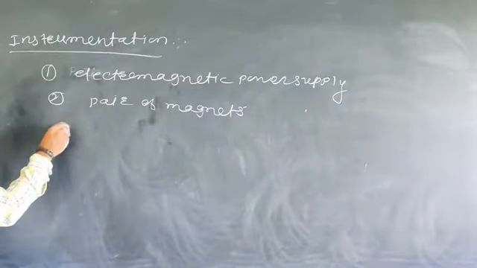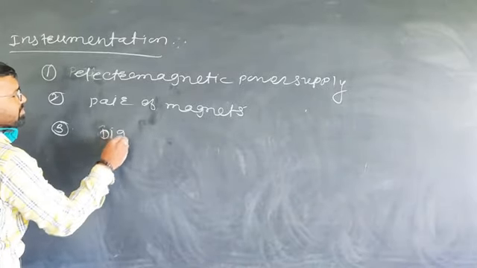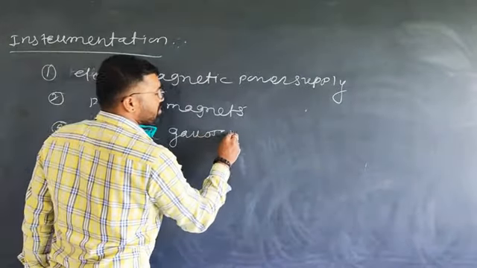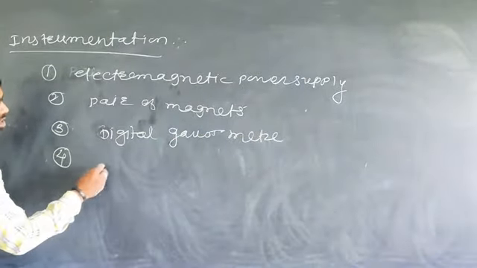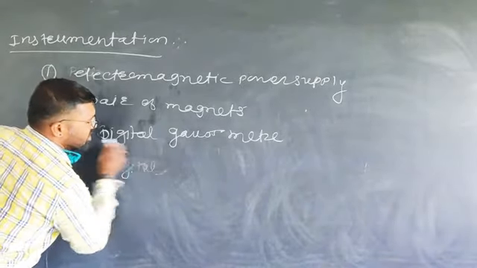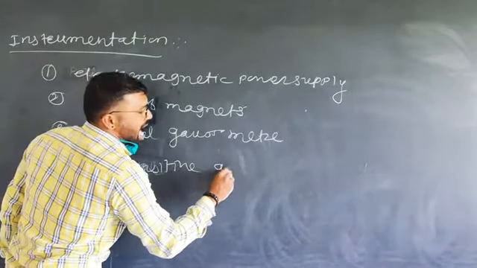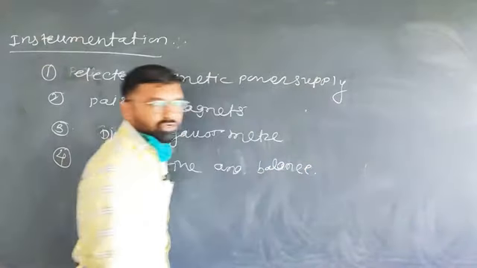Third, a digital Gauss meter. Fourth, a digital balance, or you can also say a sensitive analytical balance, which can measure small changes in weight.